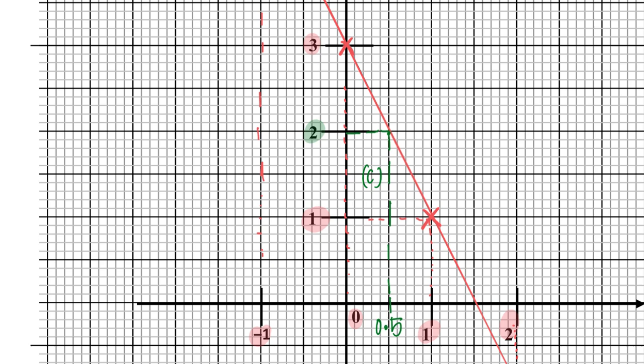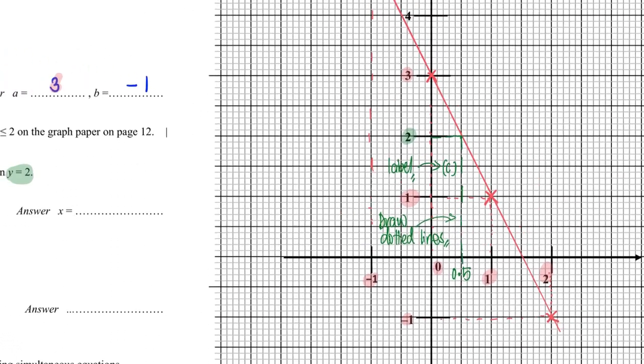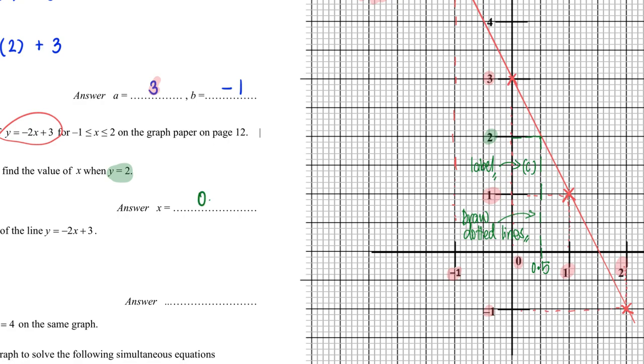Draw the dotted lines to indicate that you are really getting the answer from the graph. Okay? So this is another special tip again. Draw dotted lines. Alright? And also label. That will let people know that you are indeed getting the answer from the graph.